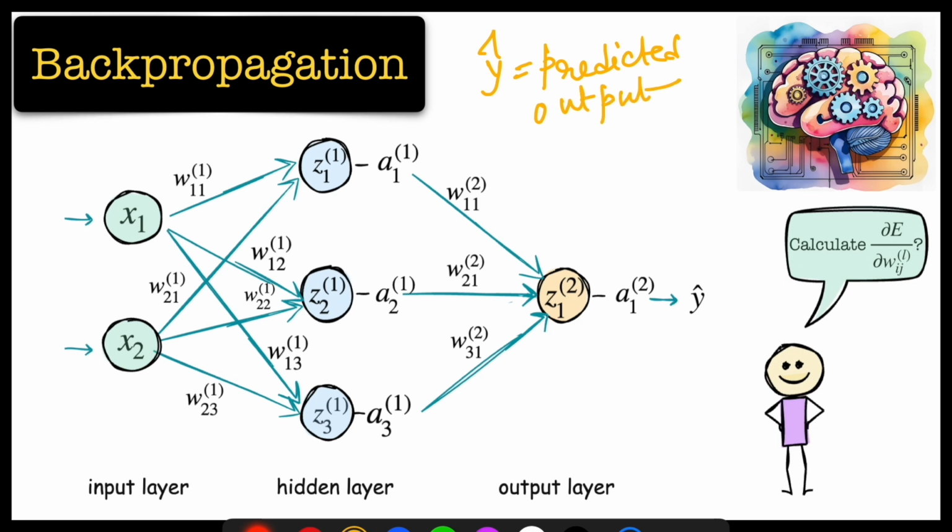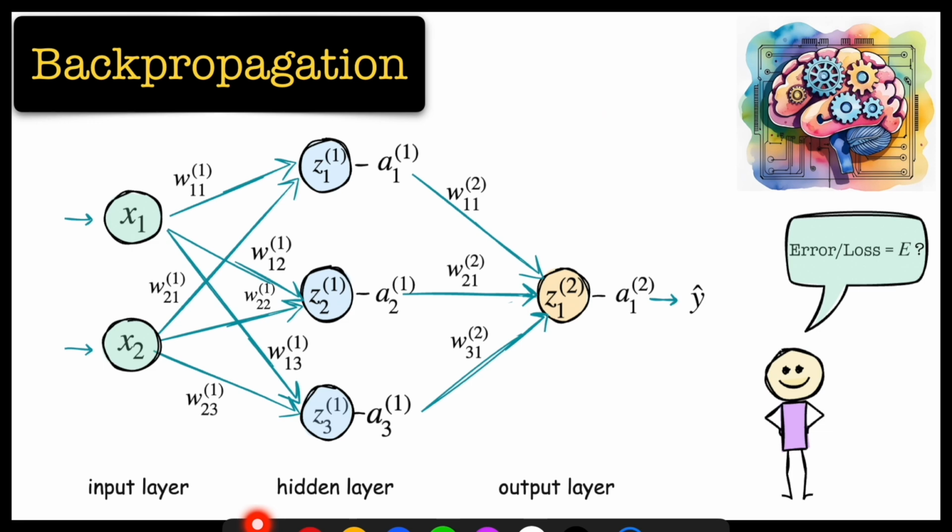We also have y, the actual output, and comparing the predicted output and the actual output we get the error. Then we have to calculate del E del WYGL for all the weights here. First we'll see how we calculate the error.